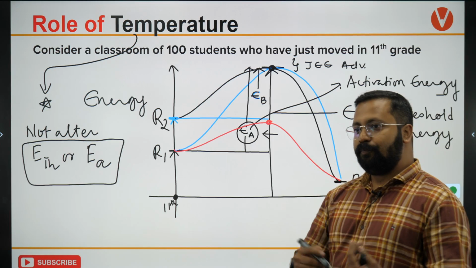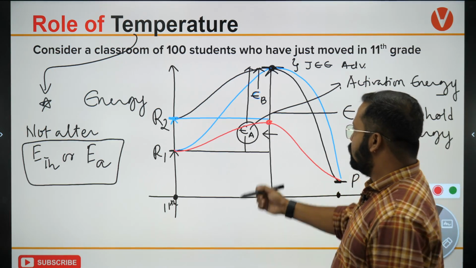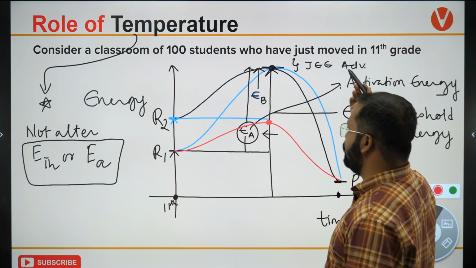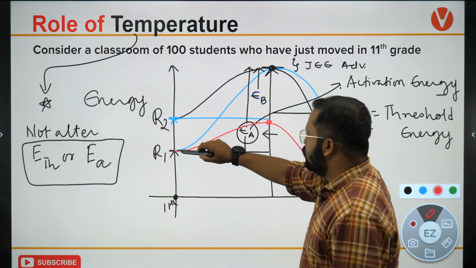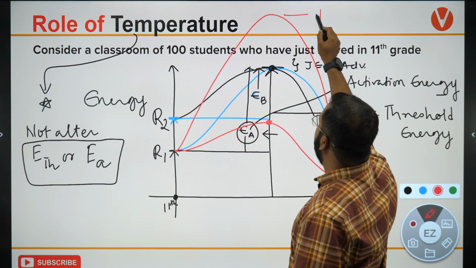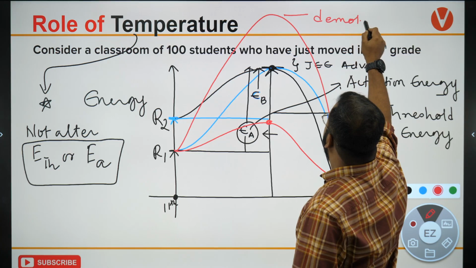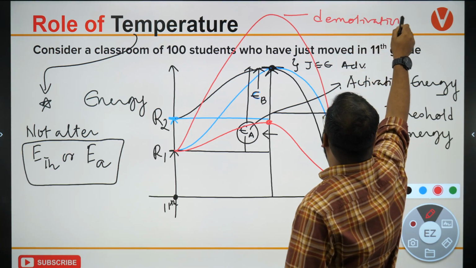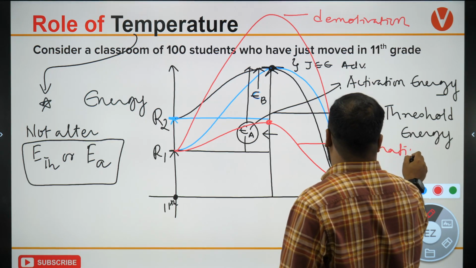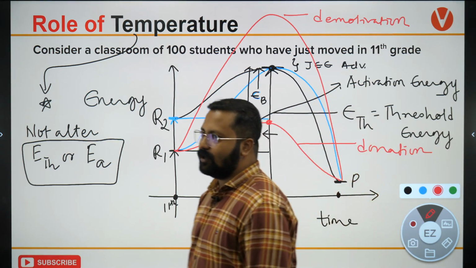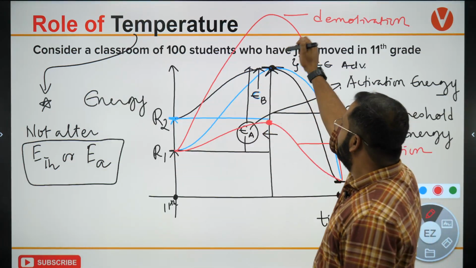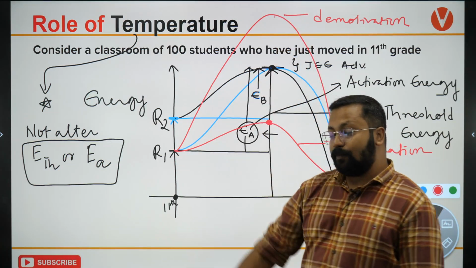Let's say people demotivated you. So what will happen? The chances of you qualifying the examination will further decrease. This is demotivation. And this is donation: if admission happens on donation, that is your catalyst.